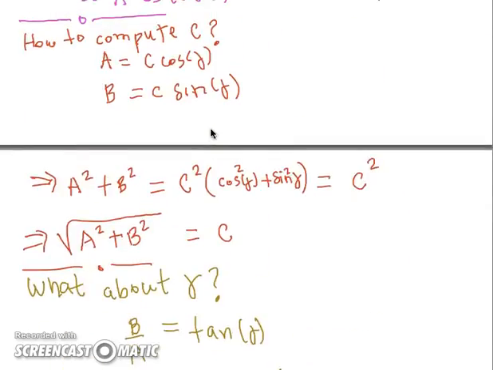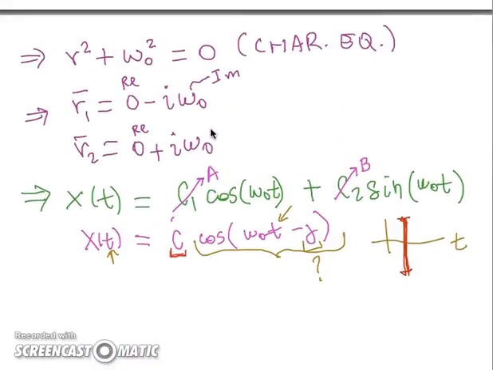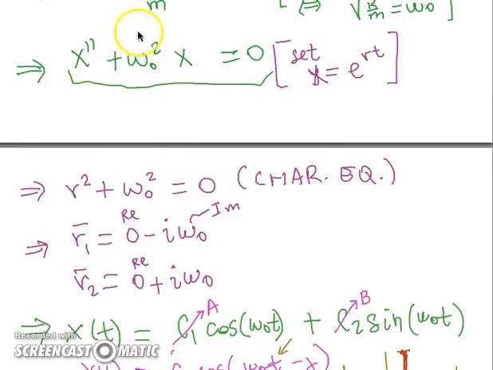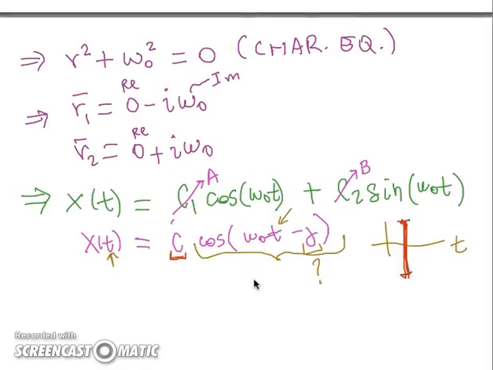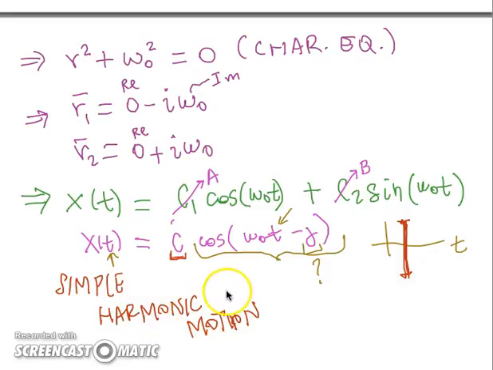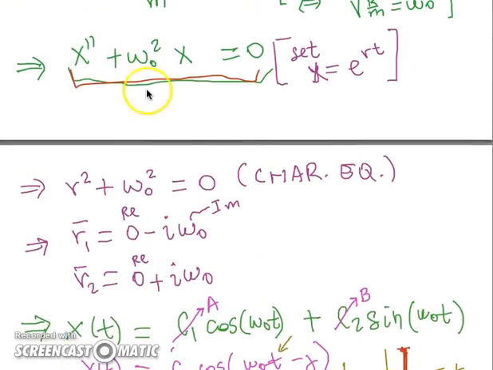So with this setup, expressing the solution of this second order equation in this way, taking into account the amplitude, phase shift, and angular frequency, we are addressing something that's usually called simple harmonic motion. So this being the solution of this second order equation, either form will be called simple harmonic motion.